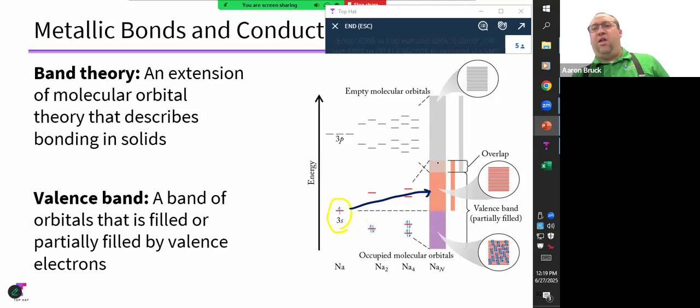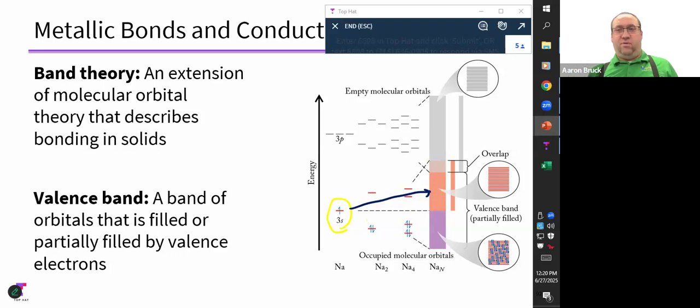And even though there are lots of empty orbitals inside of sodium or any other metal, the fact that the band that is empty overlaps with the band that is at least partially full means that electrons are able to travel from one band to the other. And since they can travel from one band to the other, that's what allows electricity to flow inside of this metal sample.